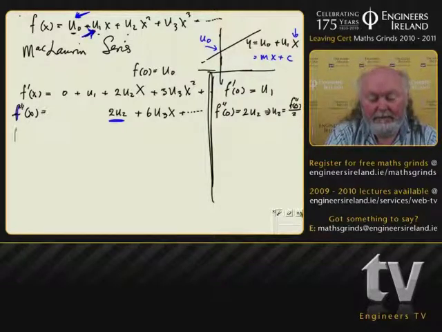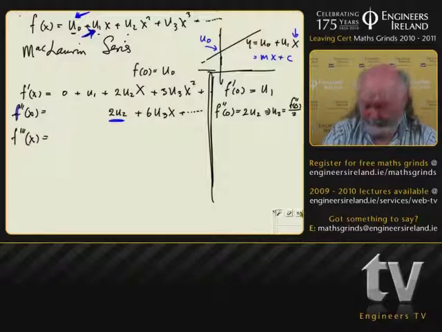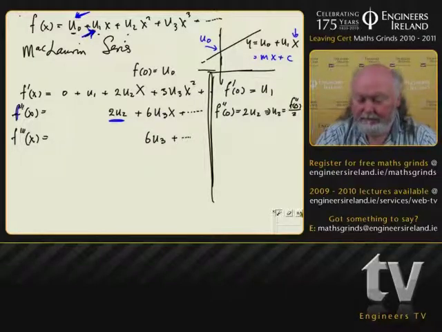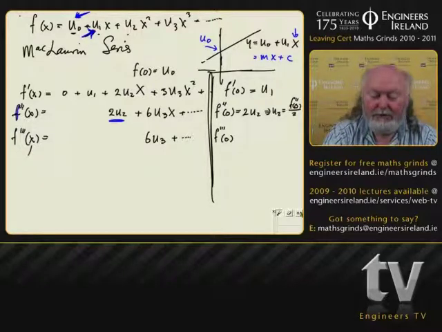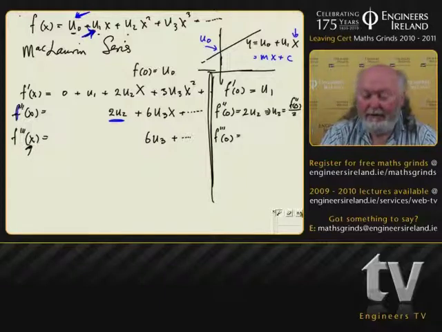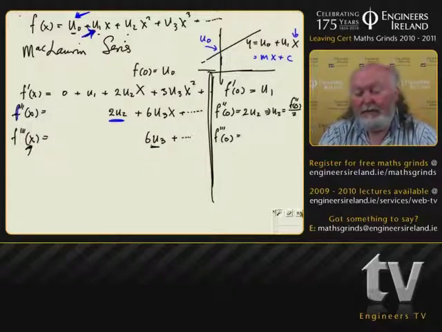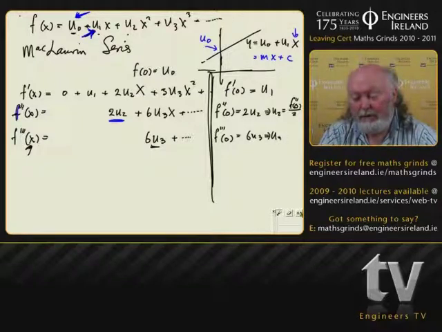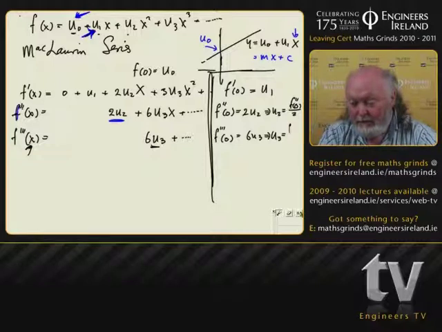We can do it again. Now, if I put 0 in for x here, I'll get the free term again. So that implies u3 is equal to the f triple dashed at 0 all over 6.